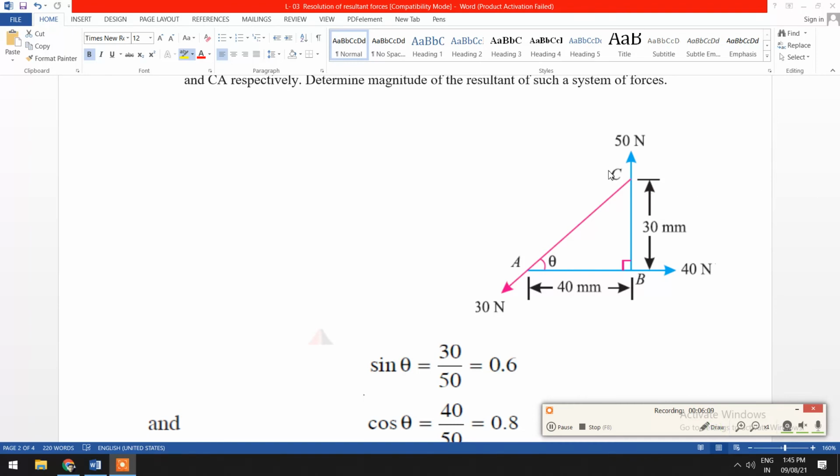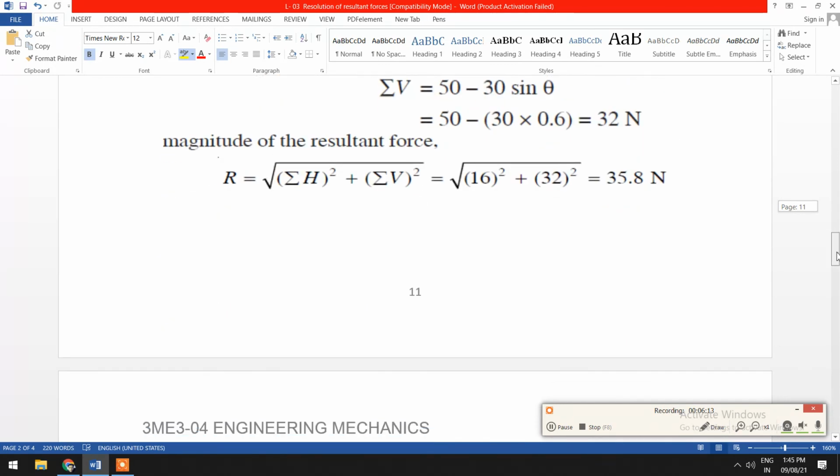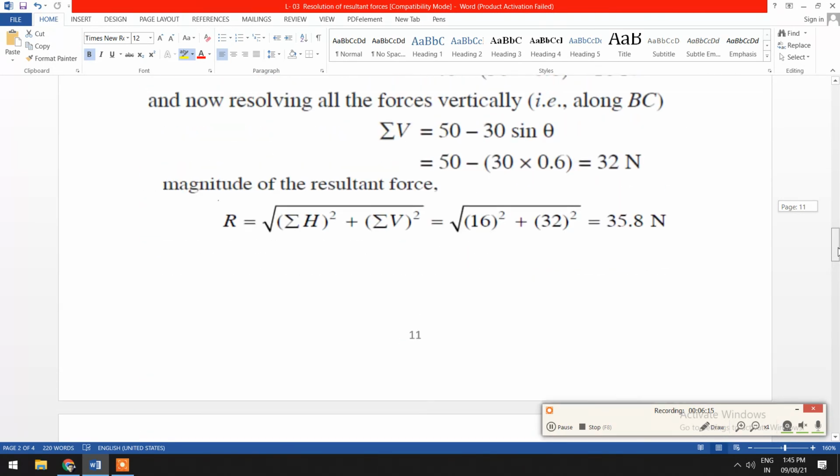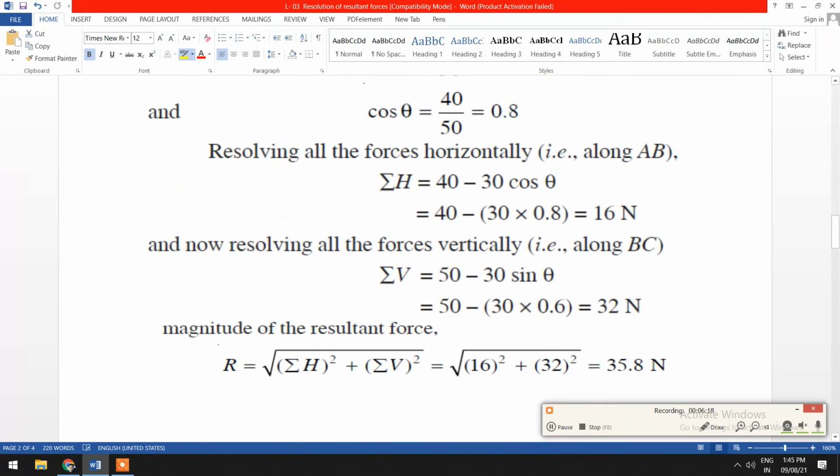So 50 minus 30 sin theta is equal to 50 minus 30 into 0.6, which is 32 Newton.